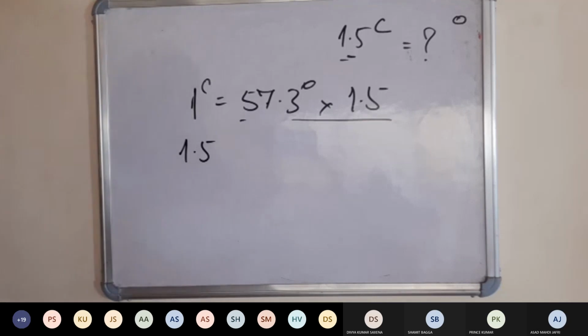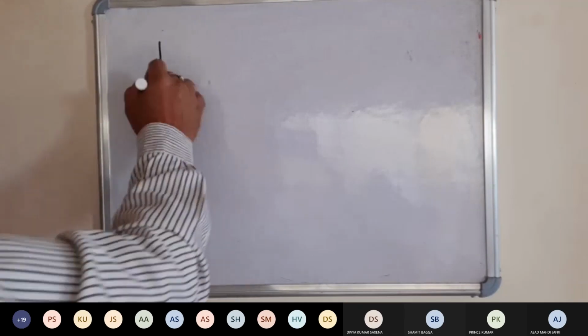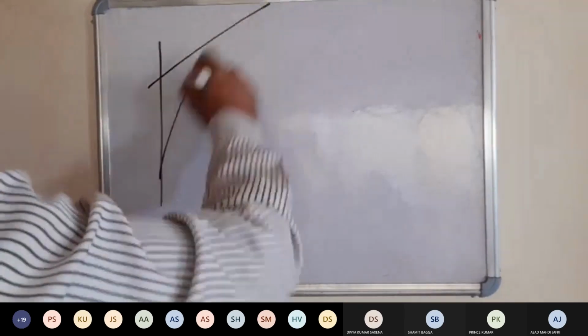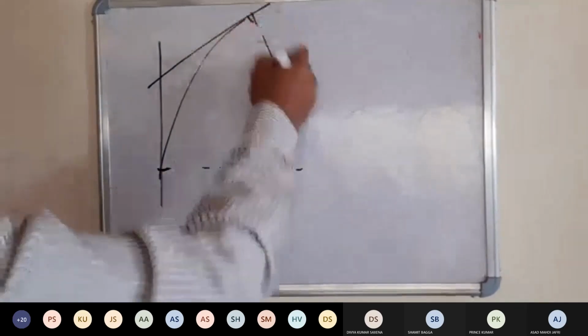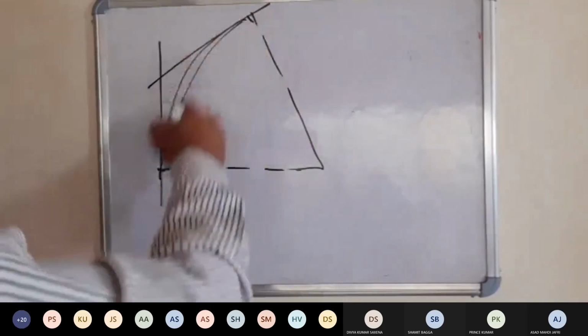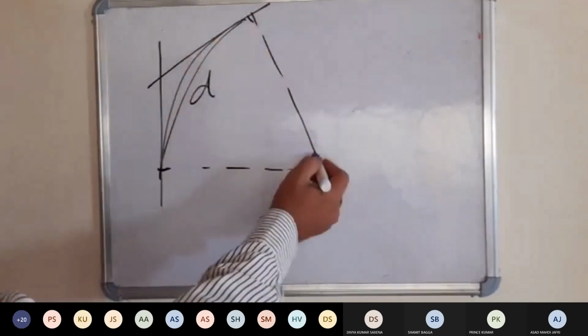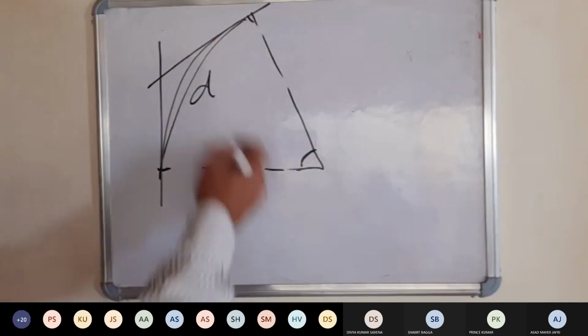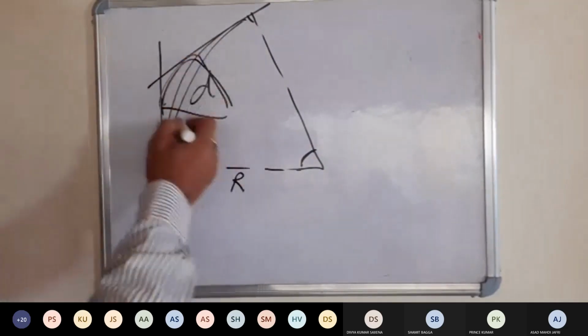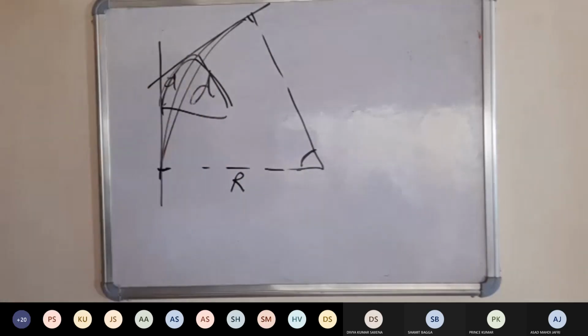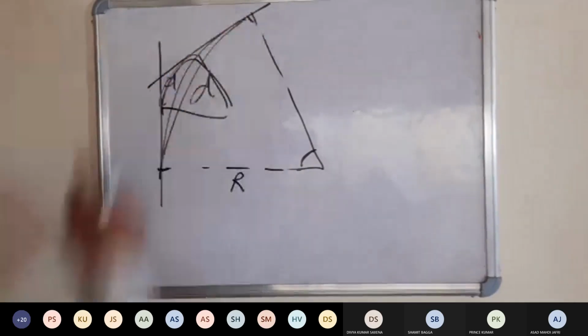So now we are going to derive the formula for this relationship. Remember that when turning the vessel, the distance is a direct function of the radius. This distance d is not only of the angle but also of the arc. अगर r छोटा होगा तो distance भी छोटा होगा. r बड़ा होगा तो distance भी बड़ा होगा.